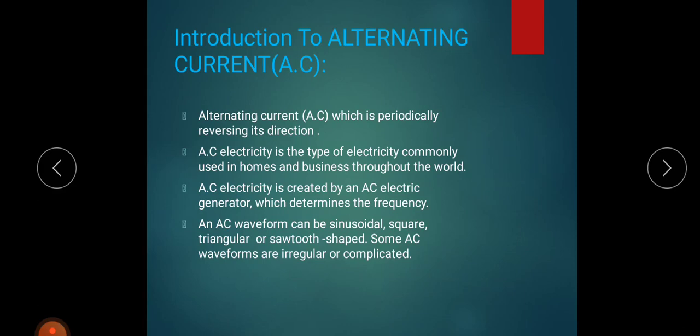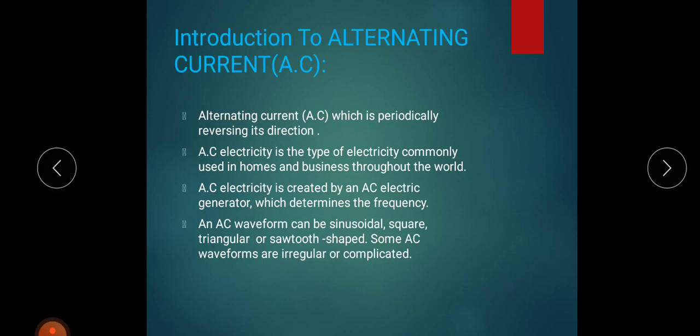Here alternating current is the type of electricity commonly used in the homes and business throughout the world. There are so many applications of the alternating current in our day-to-day life. Some of the applications are radio, television, refrigerator and power to the houses, etc. These are all the main applications of the alternating current.